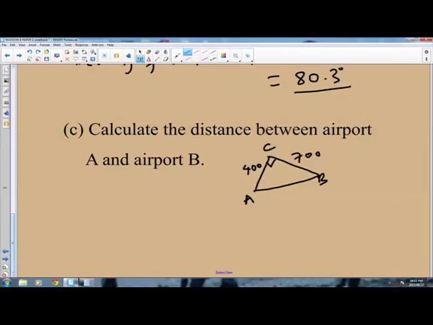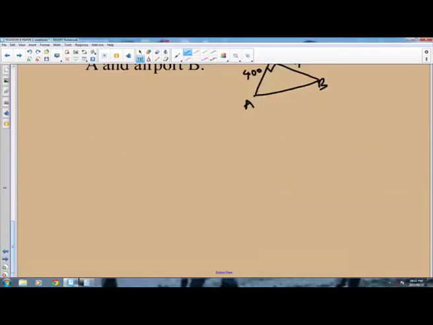So how do you find length AB? This is a right angle triangle, so we are expected to find the hypotenuse. How do you find the hypotenuse in a right angle triangle? All that you need to do is to apply the Pythagoras rule.